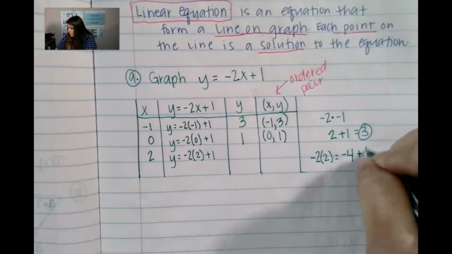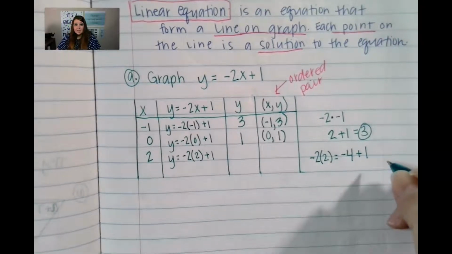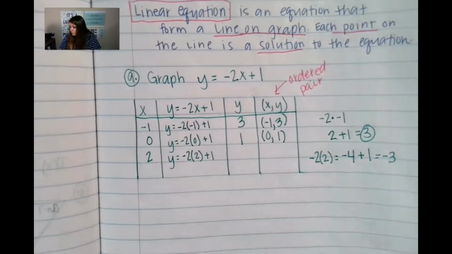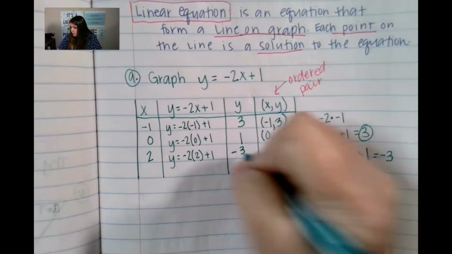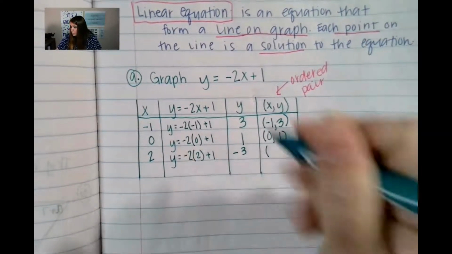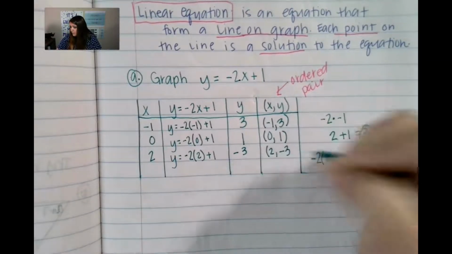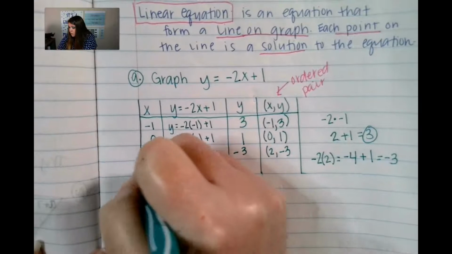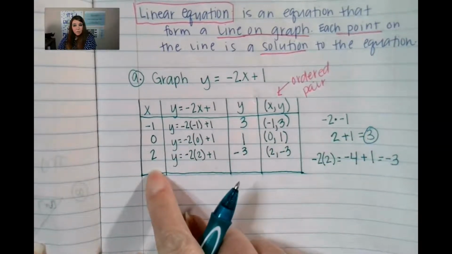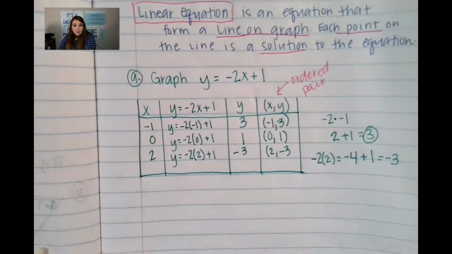And negative 4 plus 1, so I have negative 4, and then I add in 1, it gives me a negative 3. So when x is 2, my y is negative 3. We could keep going. We could add one more point here if you wanted to, but it's not necessary at this point.